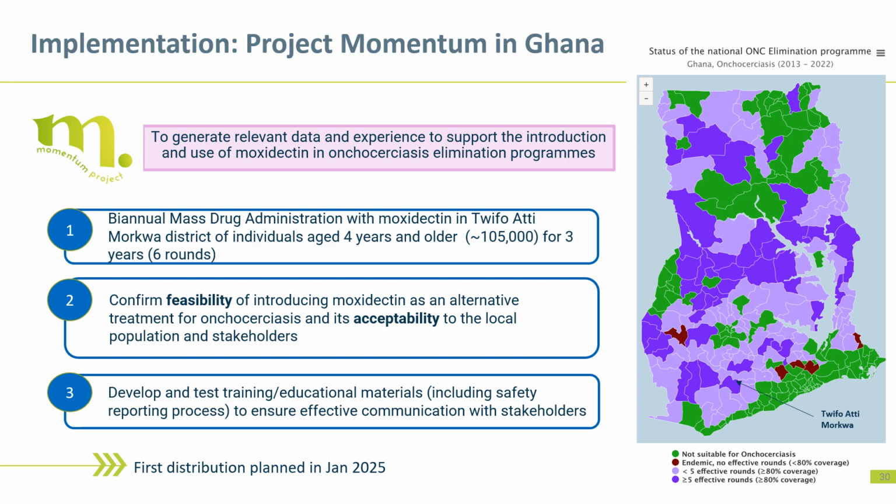This region was hoping to confirm stop MDA, but as a result of continuing prevalence has had to restart treatment. This project will also confirm the feasibility of implementing Moxidectin as an alternative to ivermectin and will assess the acceptability of this new treatment by the local population and stakeholders. Training and education materials will also be road tested.